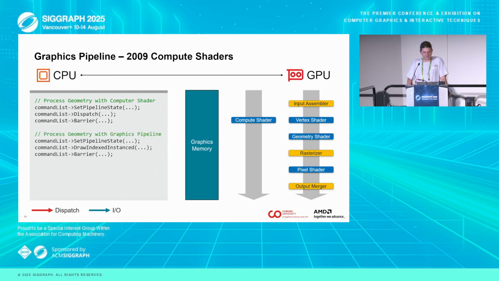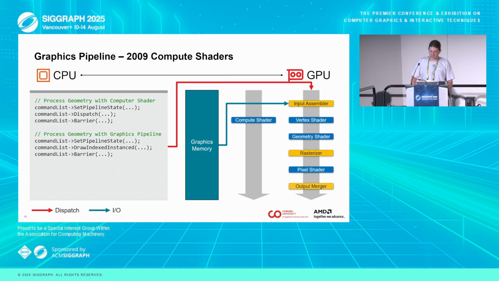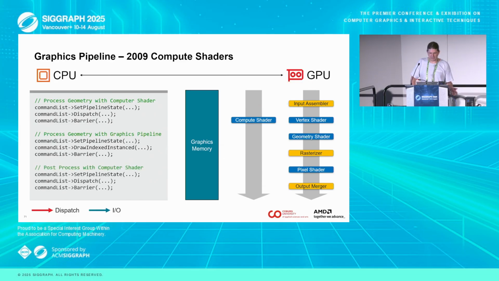And then with that visible set, so basically let's assume we have culled 5,000 objects, so 50%, we kick off our graphics pipeline, and the graphics pipeline would read those 5,000 objects and create a discrete image out of these 5,000 objects. And then maybe after that, you're probably not happy with your image. You need to do some post-processing. So you're going to kick off another compute shader, and then you're going to read the image you just created into your compute shader, do your post-processing, maybe anti-aliasing, a depth of field, and then write the result back to memory.